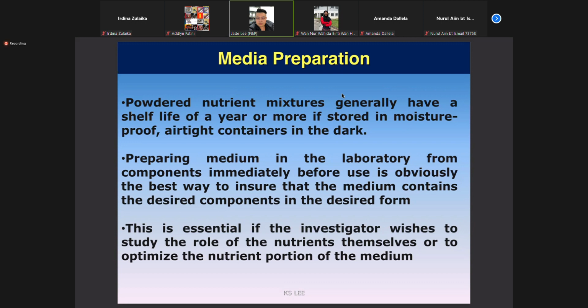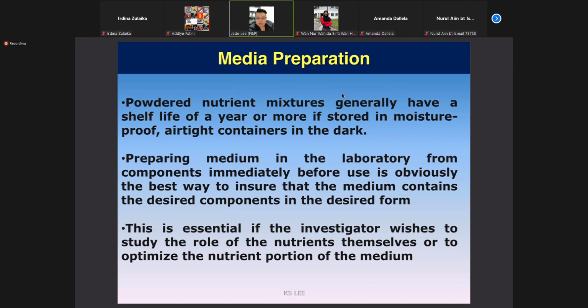That cannot be compared because the times that you prepared the media are different. Once it is prepared a year ago, or 6 months ago, the properties of the media have already changed and the parameters also change. So you cannot compare them, especially if you want to understand the role of the media on the growth of the cell.